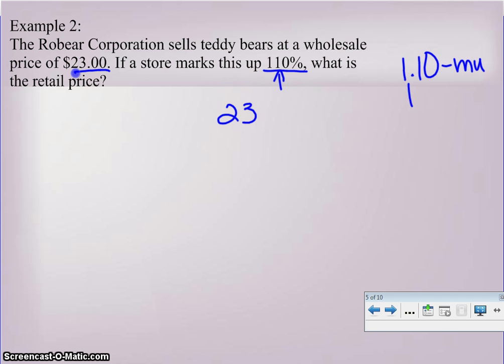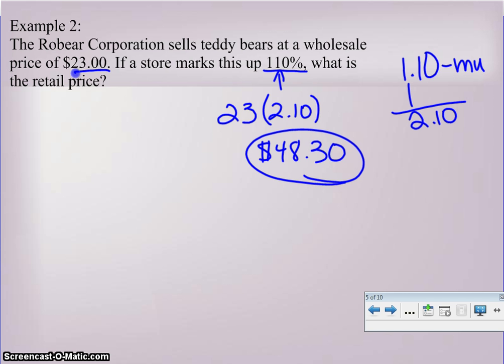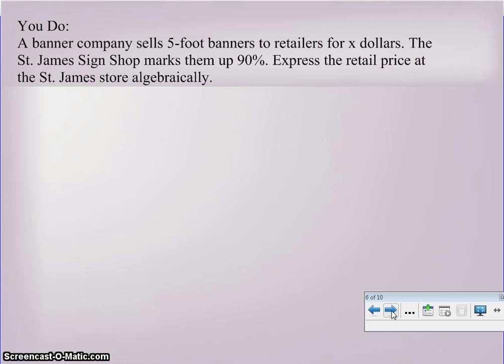You've got another 1, which represents 100% or the cost of the item. So we're looking at 2.10 is what we're going to multiply the 23 by, and we end up with a total of $48.30 for our total price. Please press pause, go ahead and solve this, and when you're ready, come back.